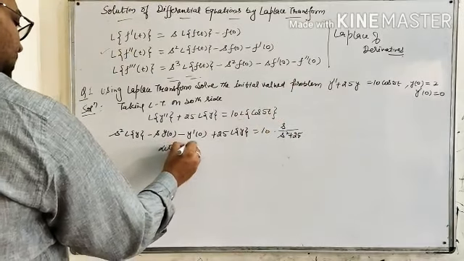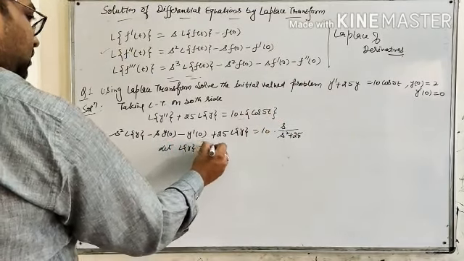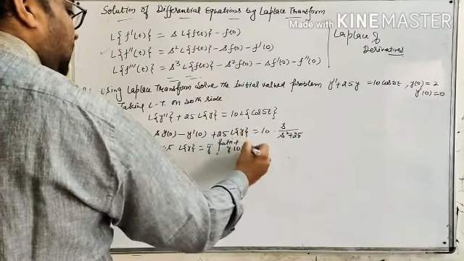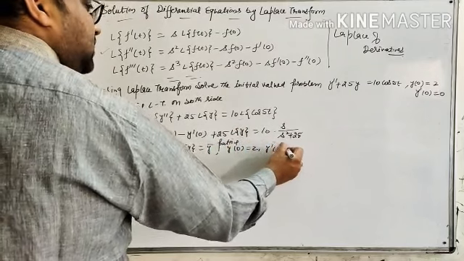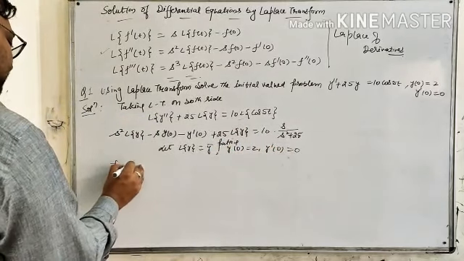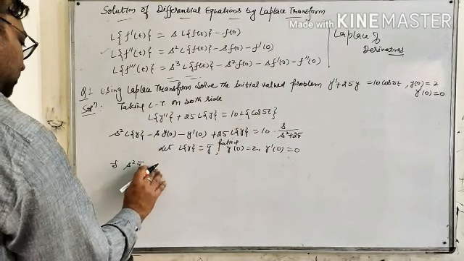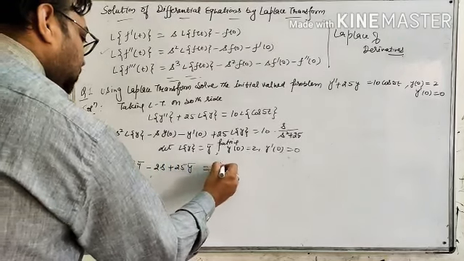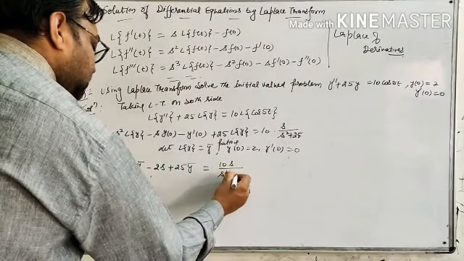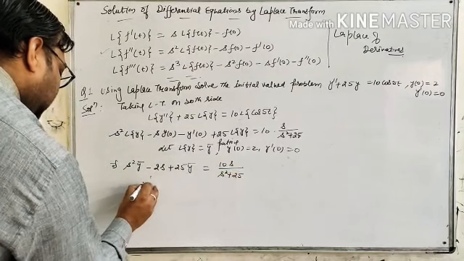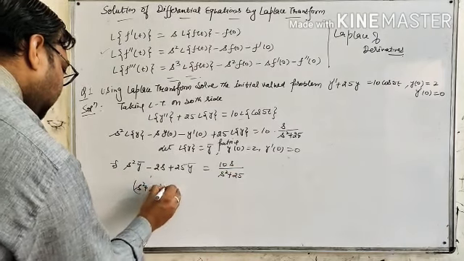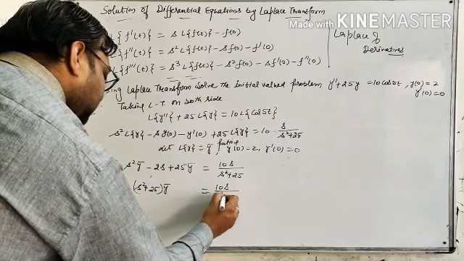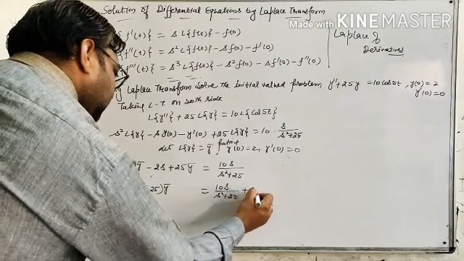Now let Laplace of y equal y bar, and put y(0) equals 2 and y dash 0 equals 0. So s square y bar minus 2s plus 25 y bar is equal to 10s upon s square plus 25, or we can write it as (s square plus 25) y bar is equal to 10s upon s square plus 25 plus 2s.